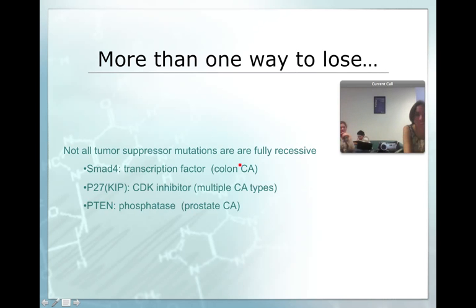Transcription factor like SMAD4 or P27, which is another cyclin-dependent kinase inhibitor like P21, or PTEN, which is, I don't know that you remember, but we looked at PTEN as that phosphatase when we looked at PI3K and PTEN went the other way. Remember we talked about that balance? When we were putting that extra phosphate on that PI3K?